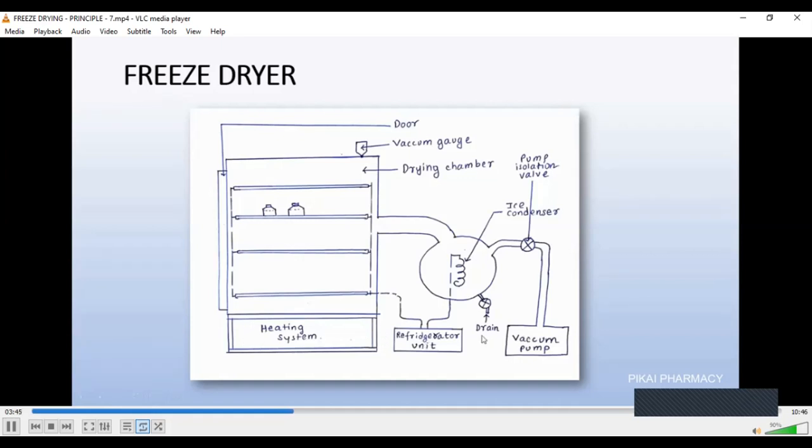So what happened is that first of all we decreased the temperature using this refrigerator unit to minus 20 degrees centigrade. At that point all the moisture content inside our sample converted to ice. Then we turned on the vacuum pump, which decreased the pressure inside this drying chamber. Then heat is applied.